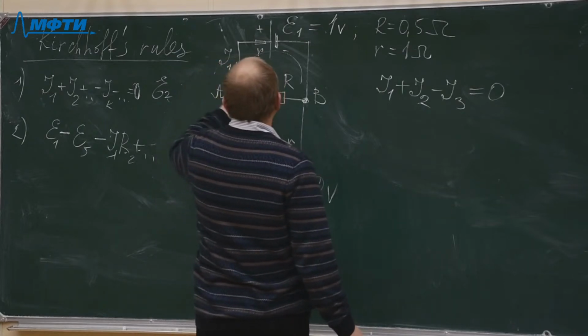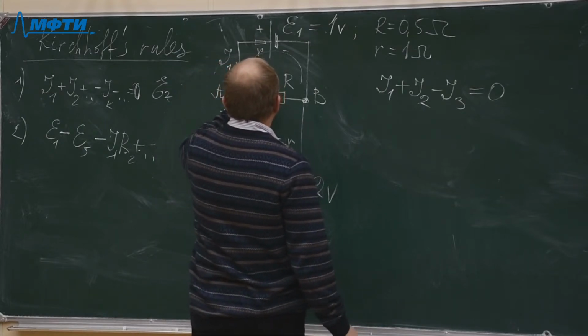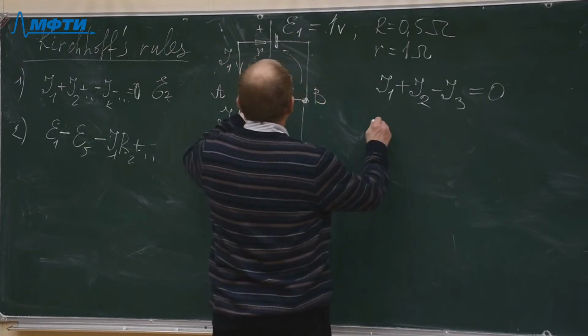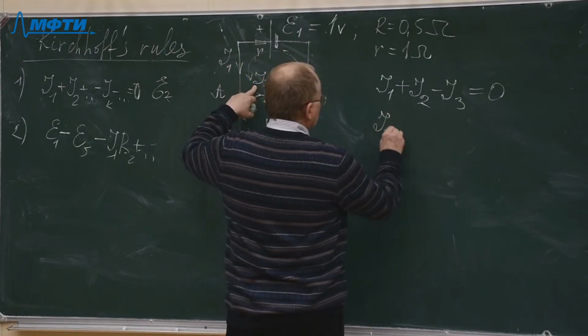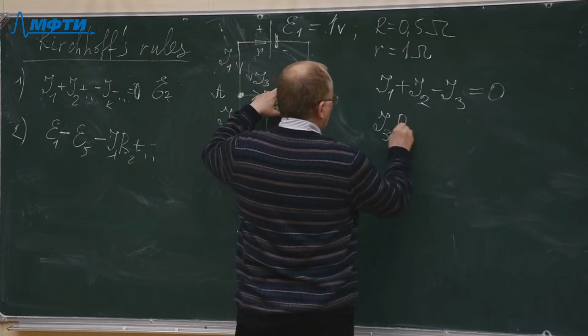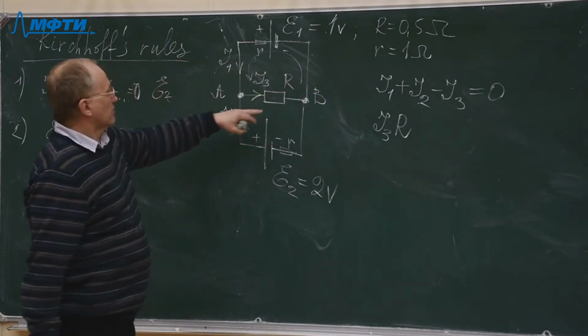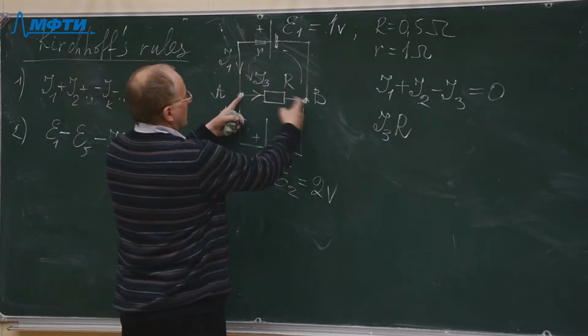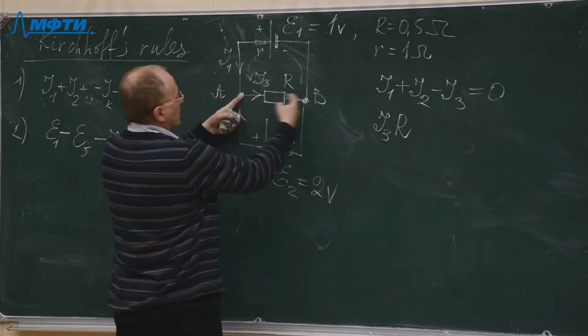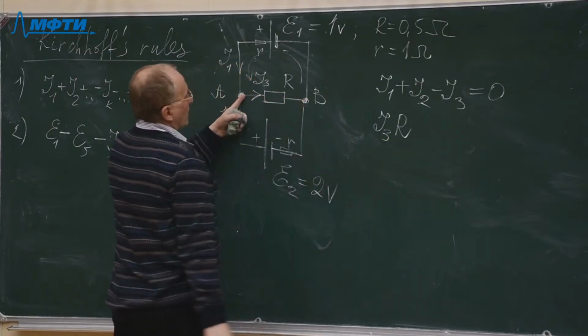So the potential difference on this element will be the current I3 times the resistance R. That will give us, according to Ohm's rule, the potential difference here.